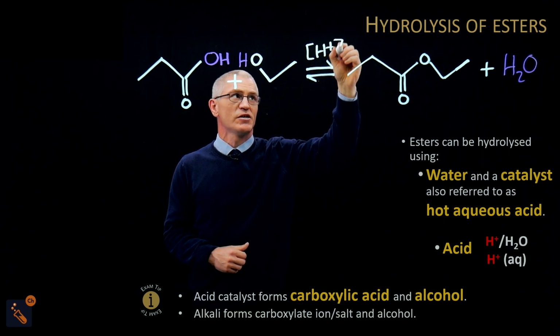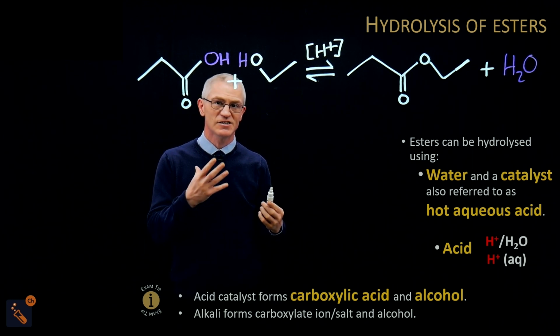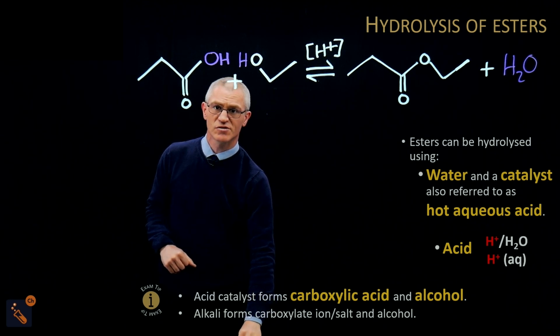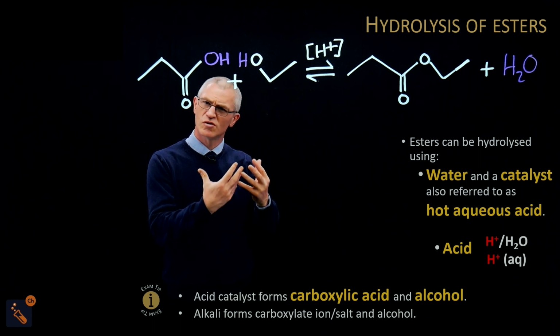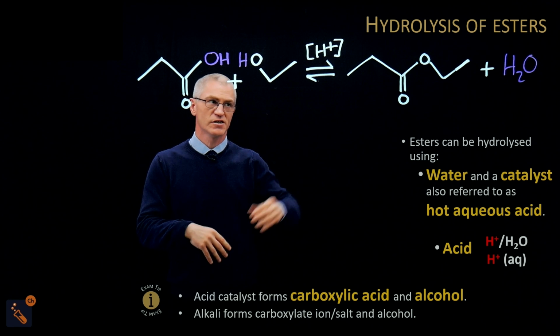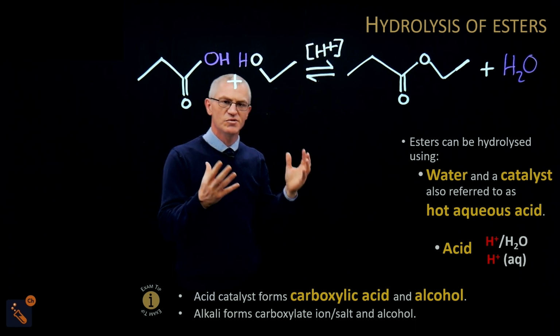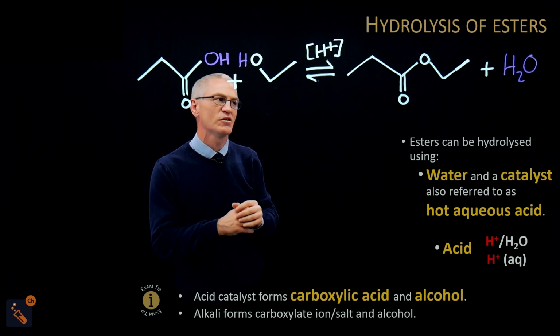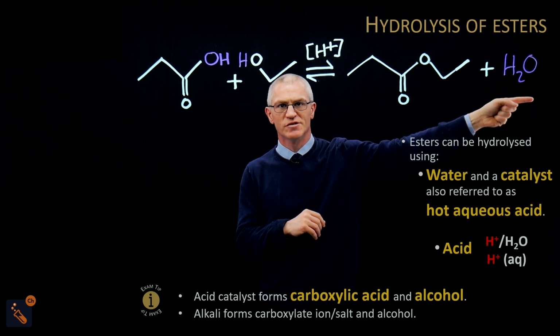Now, if I put H plus in square brackets, that's automatically assuming that it is concentrated acid. Why do we need concentrated acid? Well, it's simply because if you look here, there is water, so I'm making water.